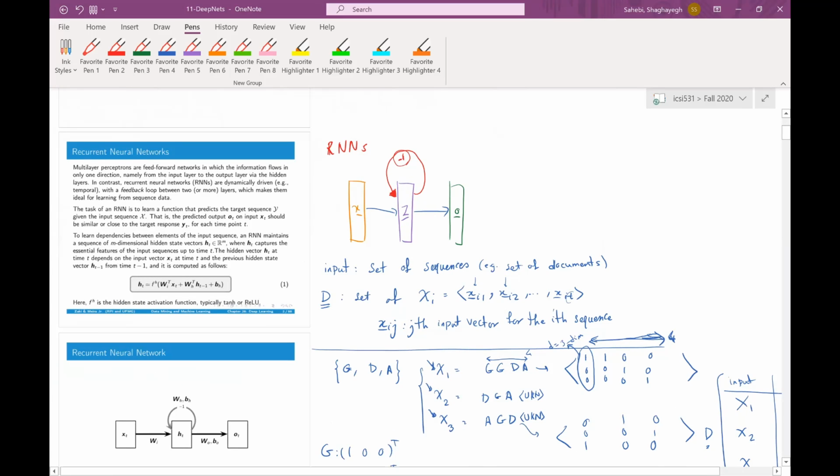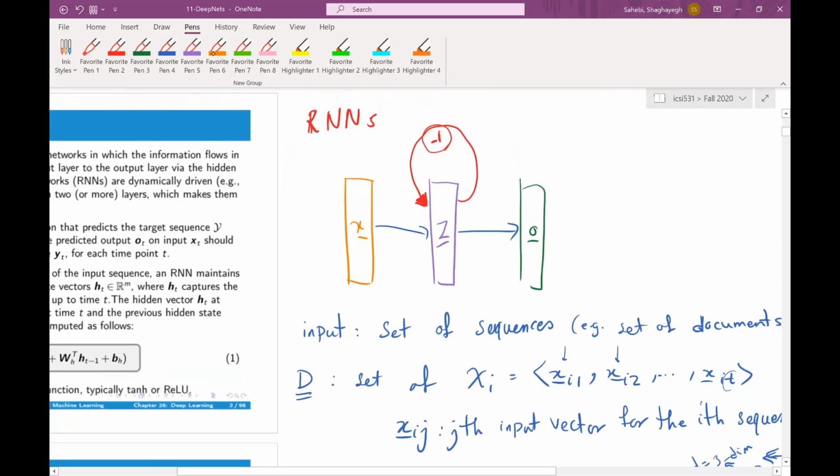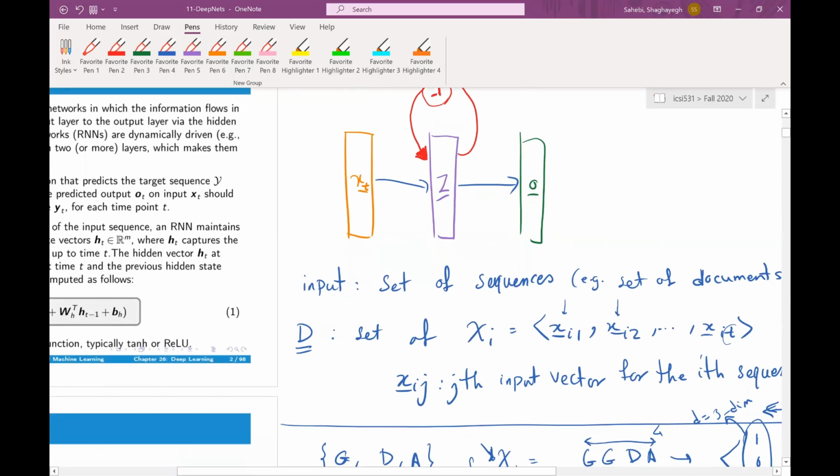So as a result, in the structure of RNNs, we are going to have xt in our input, which is basically our input at time t, and t can be from 1 to tau.